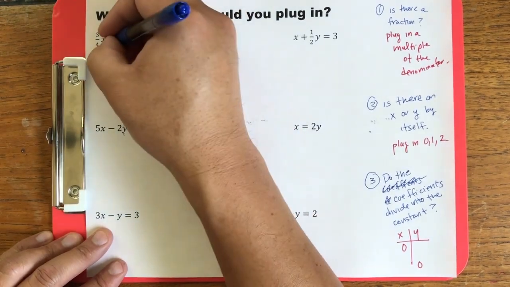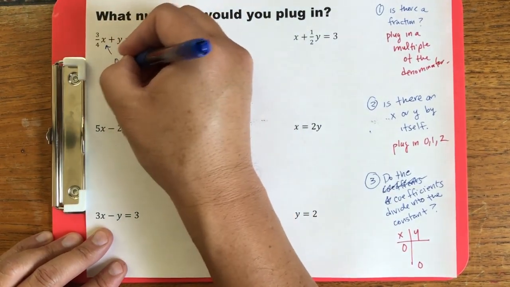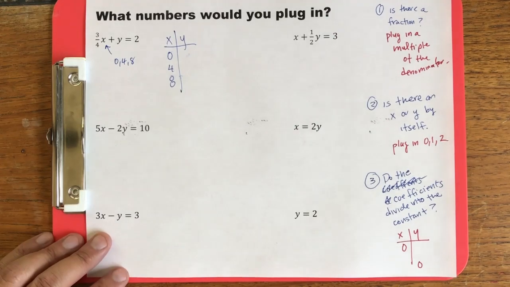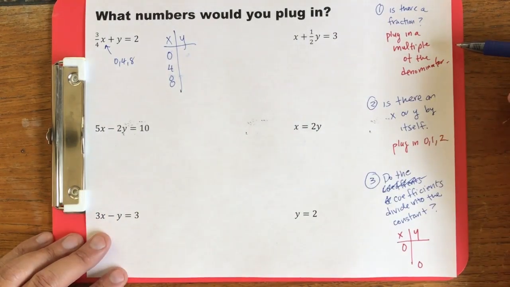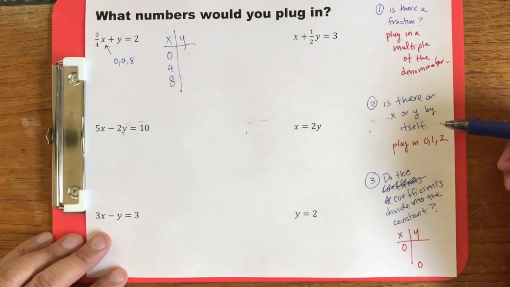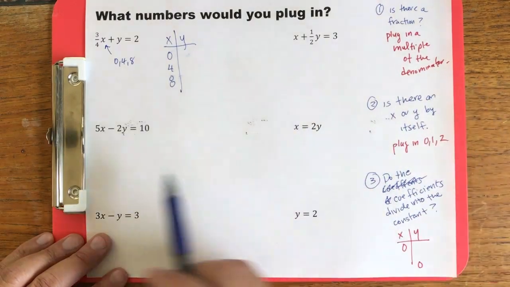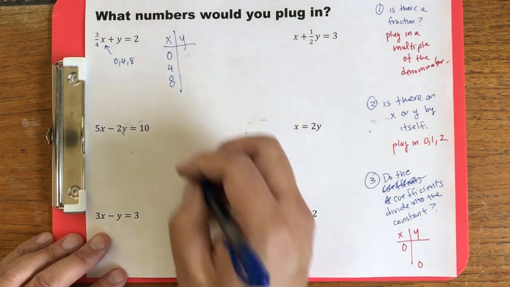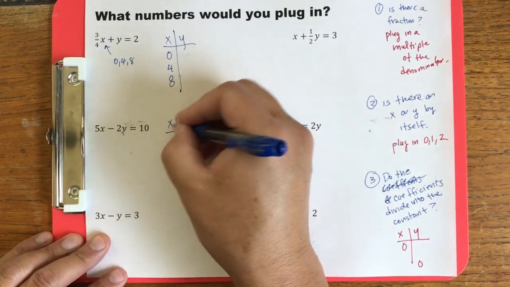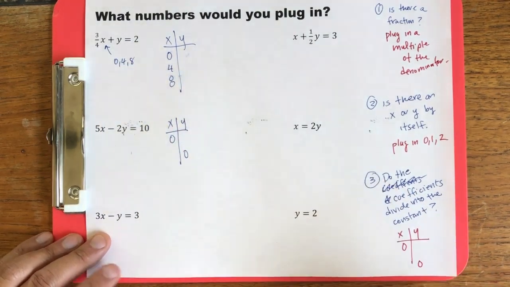Okay. Now in this case, let's walk through our questions. Is there a fraction? No. Is there an x or y by itself? No. Do the coefficients 5 and 2 divide into 10? And the answer is yes. So you're going to plug in 0, 0.